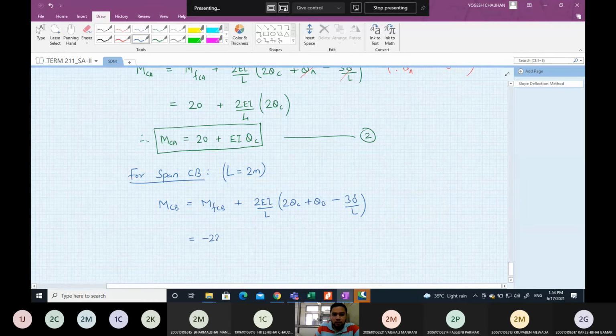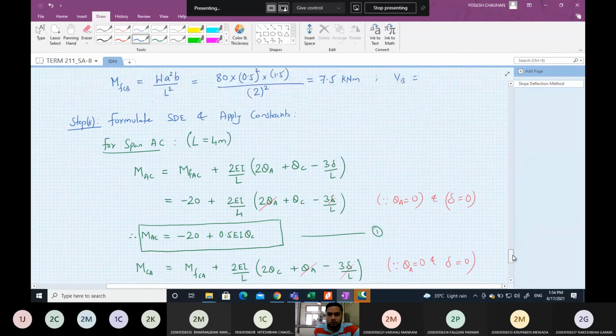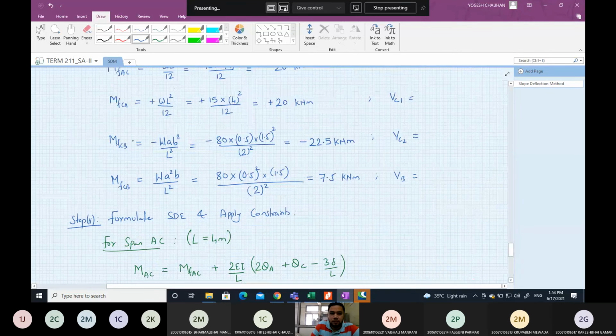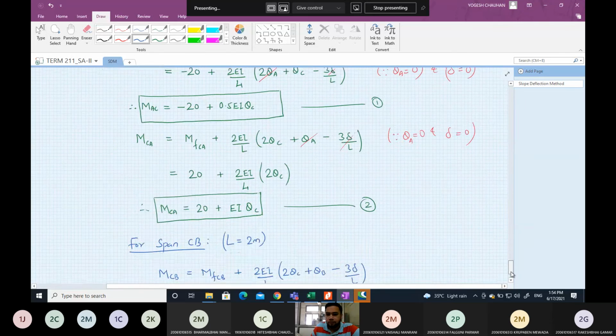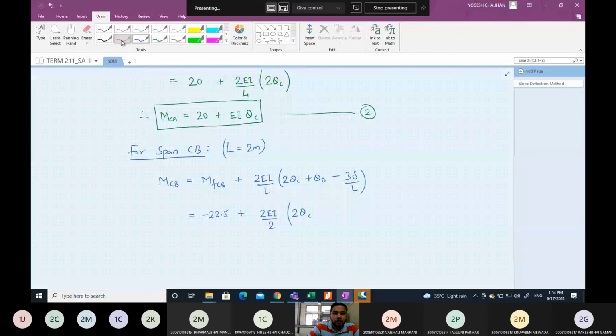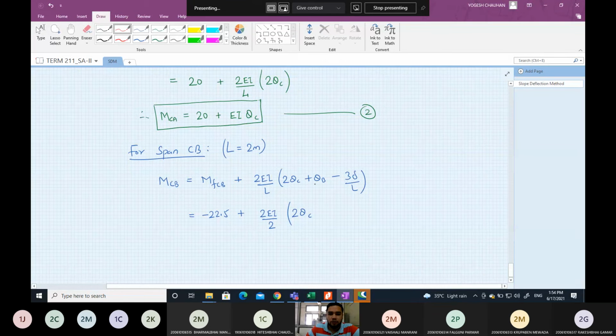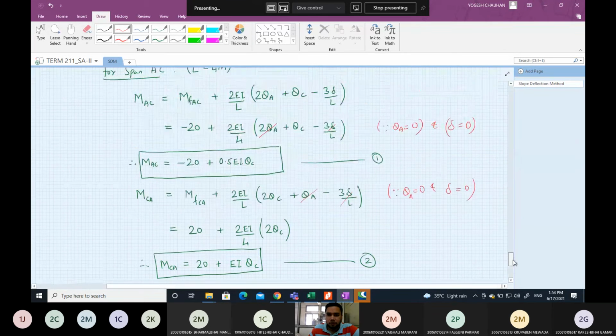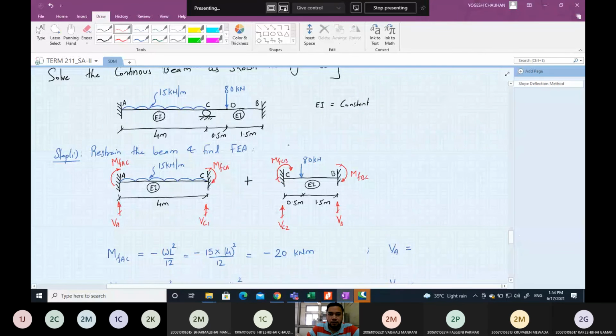It is minus 22.5. So minus 22.5 plus 2EI by 2, that is the length, 2 theta C. Now here your theta B will be 0 because the slope at B is also 0.